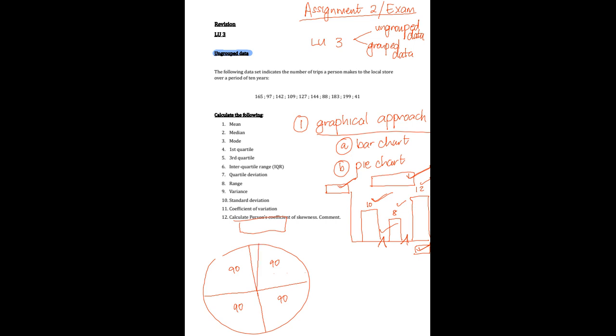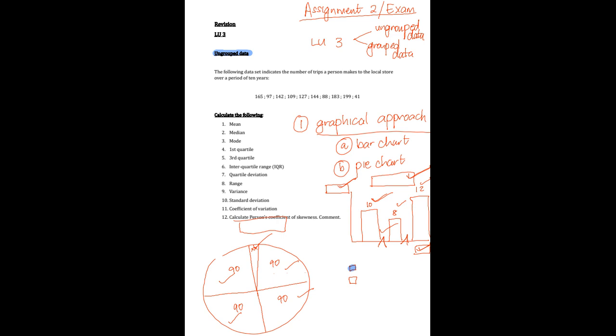There is a mark allocated for the information in each segment or each slice of that pie chart. Generally we try to either have a key on the right hand side with maybe the color that you are drawing or filling in that piece with. So let's just say that's blue, and then maybe you can do the next color in purple or light pink and so on.